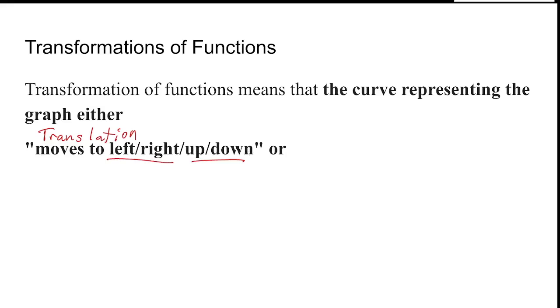So what we're going to see as we look at the different types of transformations is that they will involve either the x variable, the input variable, or the output variable, which we can also designate as y, or y is f of x. And so we can think about things happening inside the function for the input. So that's where the change is occurring, it's going to affect the x.